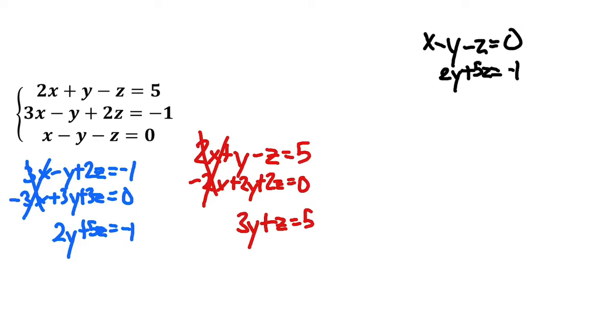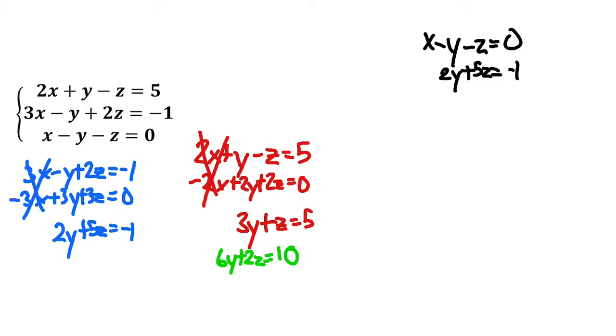Now, we have to solve using both of these. So I'm going to take my first equation, the red one, and I'm going to multiply it by 2. So 6y plus 2z equals, in this case, 10.